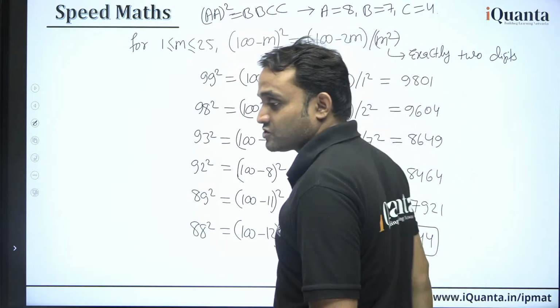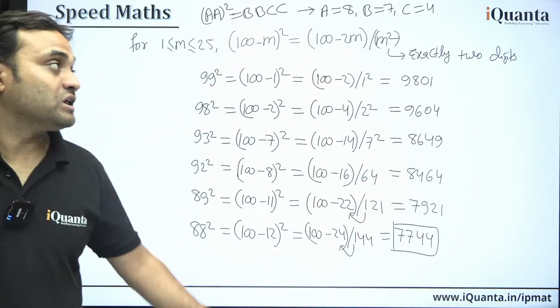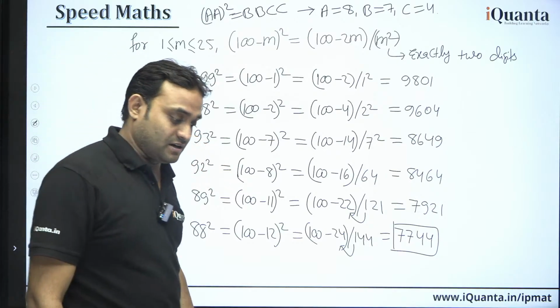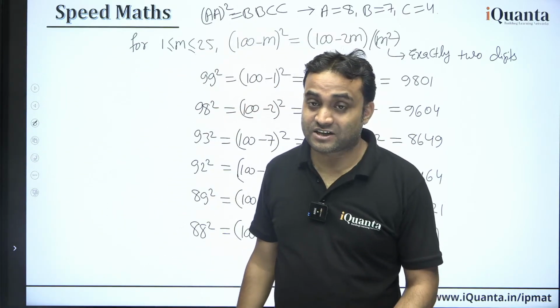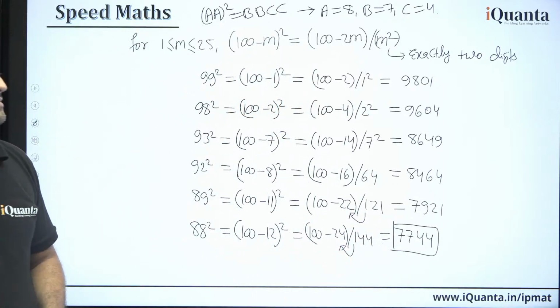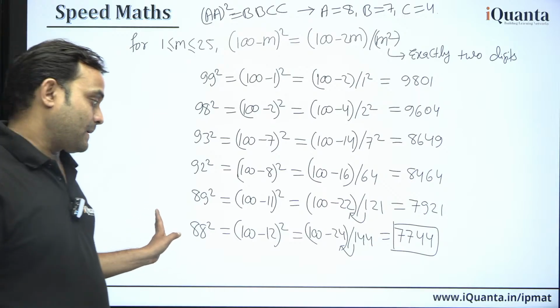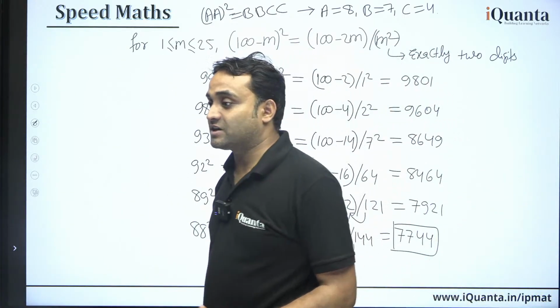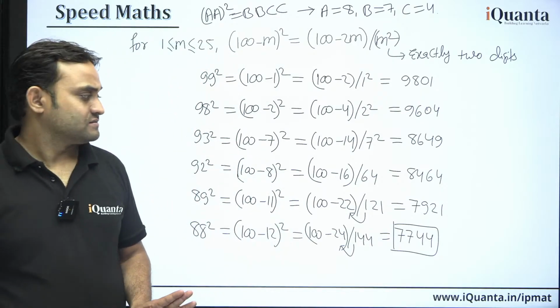Interesting question, right? Now if you solve these type of questions by logic, by taking cases, it could take minutes. Like it could take 10 minutes. But if you know these concepts of finding squares, you can crack it very easily, right?